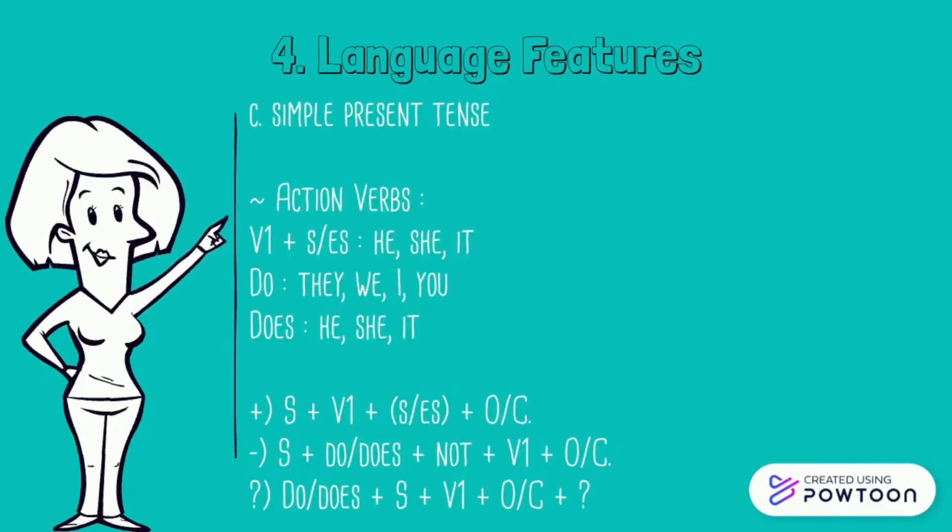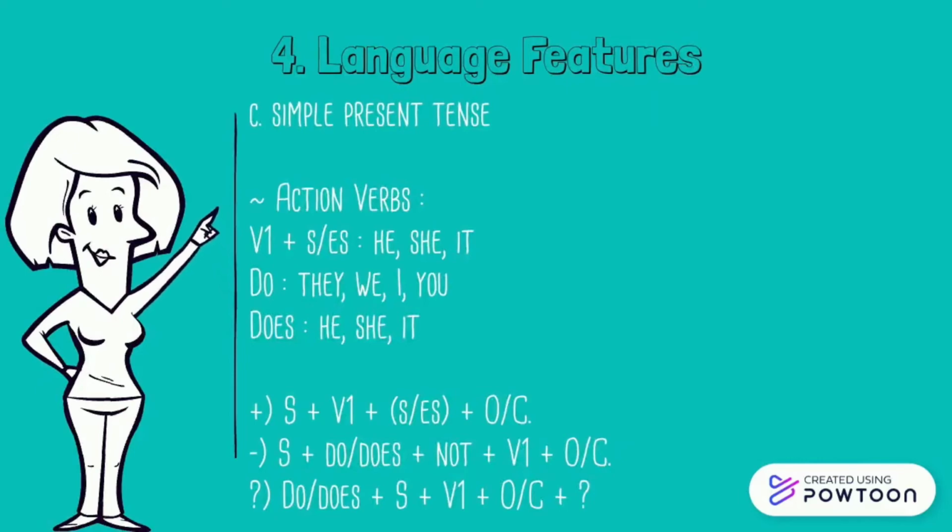Untuk do sendiri khusus digunakan ketika kalian menggunakan subjek they, we, I, dan juga you. Sementara does dapat dipakai ketika kalian menggunakan subjek she, or he, or it. So, kalian harus hati-hati dalam memilih subjek dan juga auxiliary verb yang akan kalian gunakan dalam sebuah kalimat.